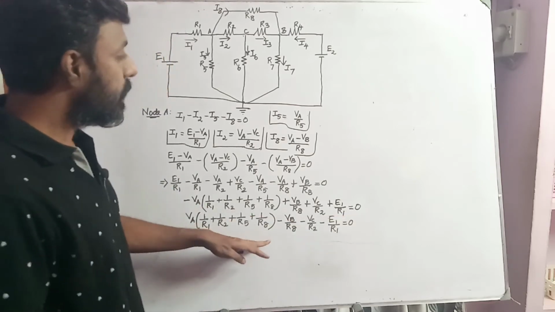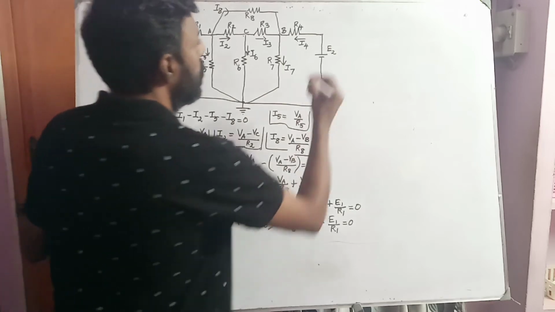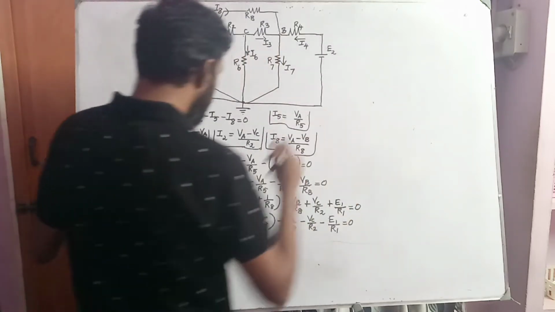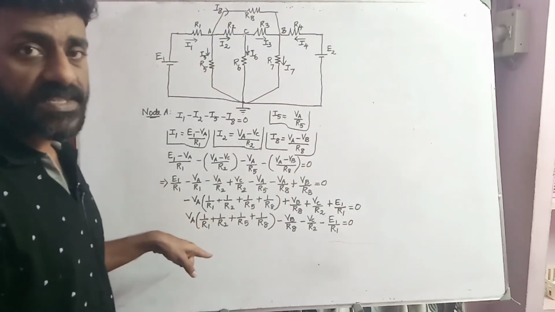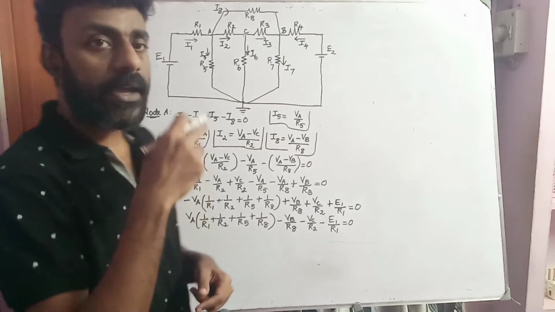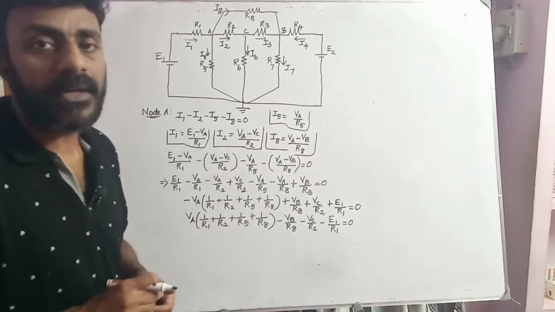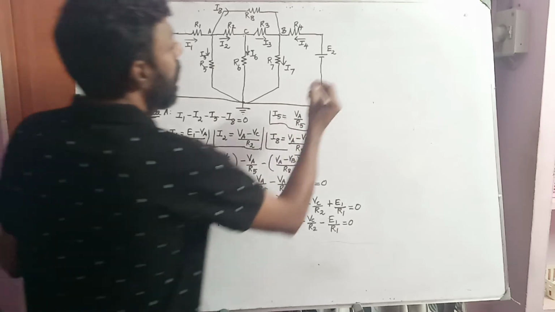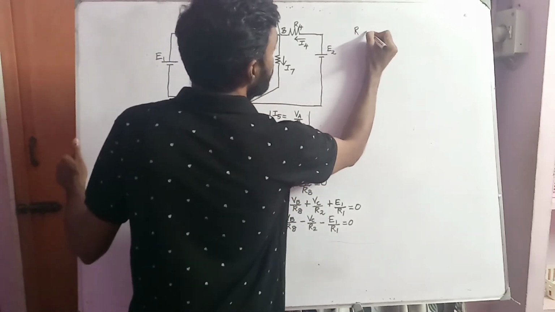So I can also write this as, we know that R is resistance. So what is the conductance? The reciprocal of resistance is called conductance.